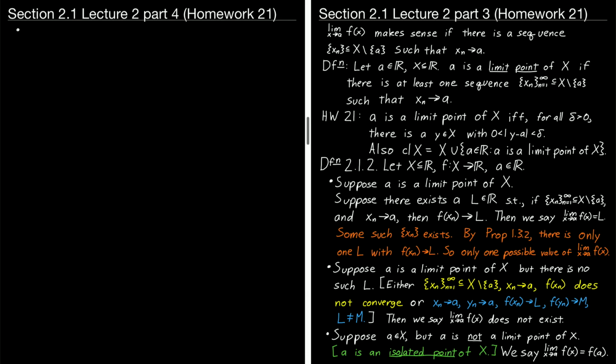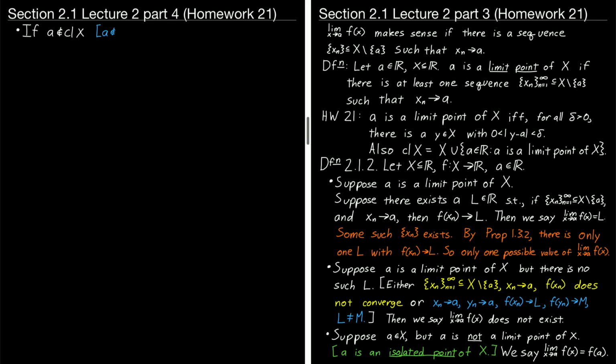Very last option, remember you're going to show on your homework that the closure of X is exactly the points that are either in X or limit points of X. So if A is not in the closure of X, that means that none of the above is true.